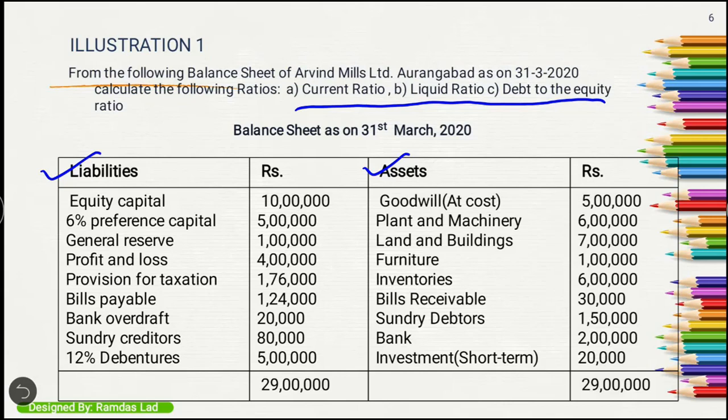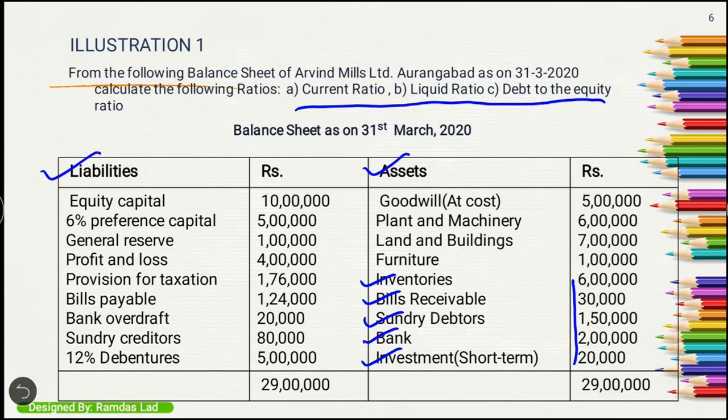Here inventories, bills receivable, sundry debtors, bank are the current assets. Investment is also a current asset here, because it is given for a short term period. The total of these will give us the current assets. In the actual calculation we will see the total in the next slide. In this slide we are just going to identify the current assets.